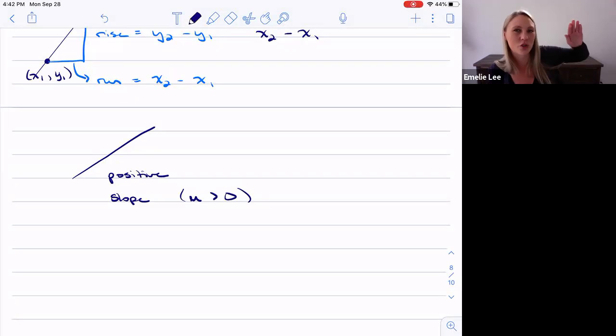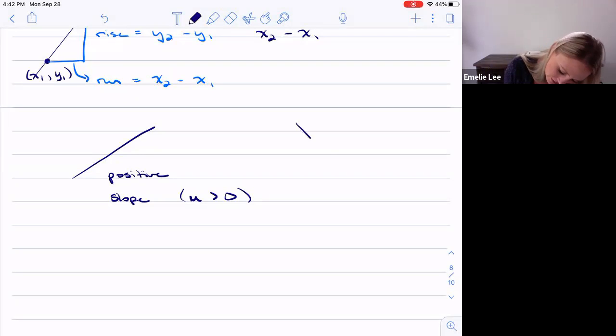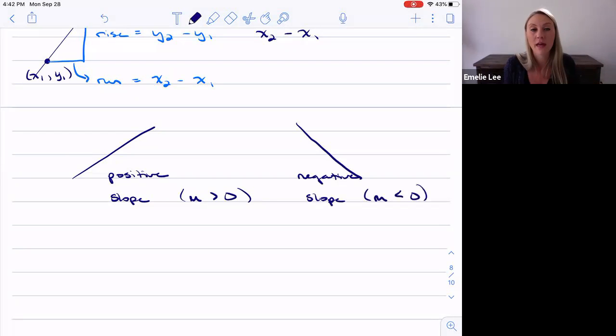Then I've got this upward facing line. If I've got something like this going downwards, then I've got a negative slope, which is if the m itself is actually negative. So if m is less than 0.